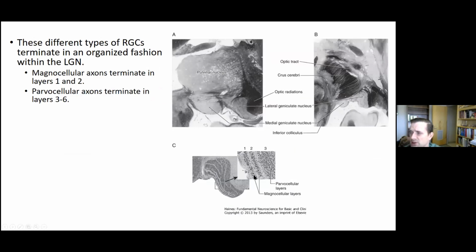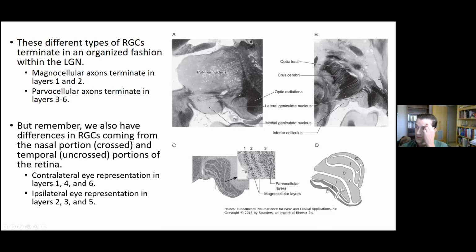Okay, so we can see layers 1 and 2 depicted here in image C. So you're looking at a lateral geniculate nucleus in this image, image C. Our parvocellular axons are going to terminate in layers 3 through 6. So you have 6 total layers in that nucleus. So image D really shows you that representation of those 6 layers in an illustration.